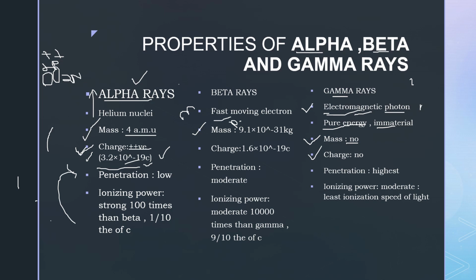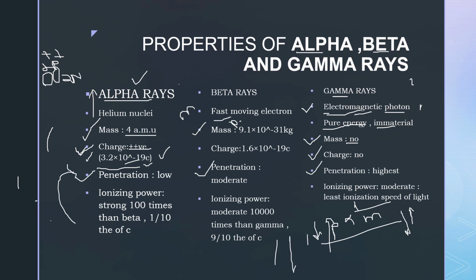Fourthly, the penetration of the alpha rays is low, the beta rays have moderate, and the gamma rays have the highest. The penetration depends on the mass of the rays. Penetration is inversely proportional to the mass. If the mass increases, the penetration would decrease. If the penetration increases, the mass would decrease.